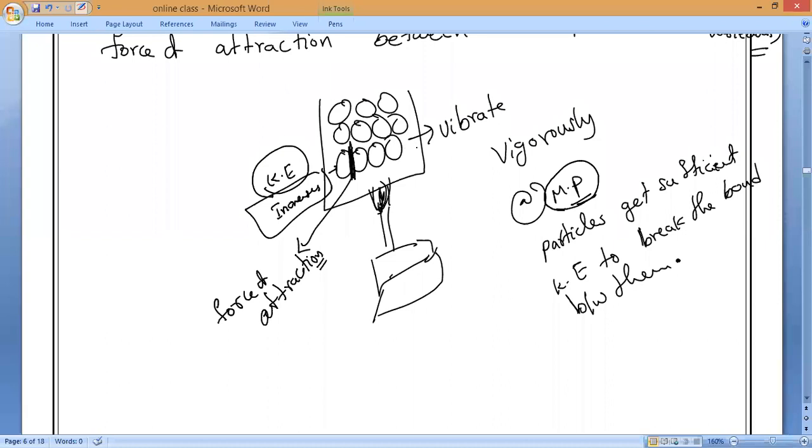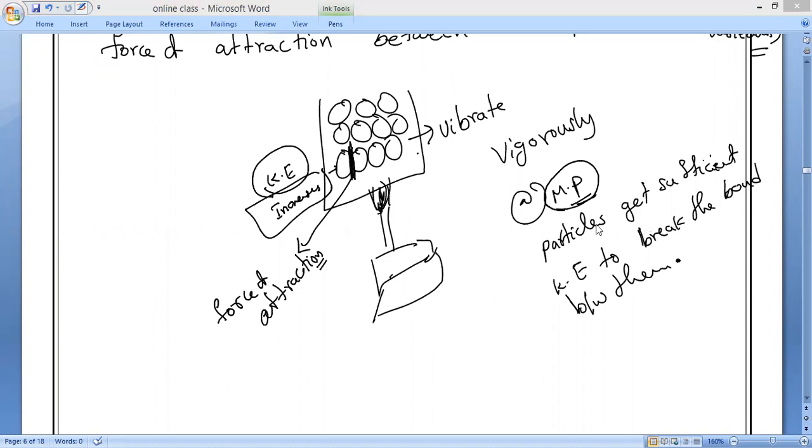So that is how a solid converts into the liquid state. When we heat, the particles move faster and their kinetic energy increases.